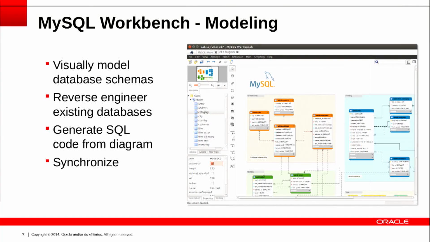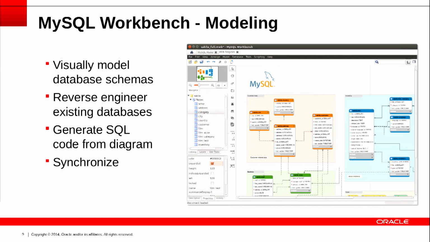About modeling. Modeling is a part of Workbench that allows you to model a database, to visually represent the database. Also, it allows you to reverse engineer the existing database, generate SQL code from the diagram, and synchronize. About the reverse engineering.